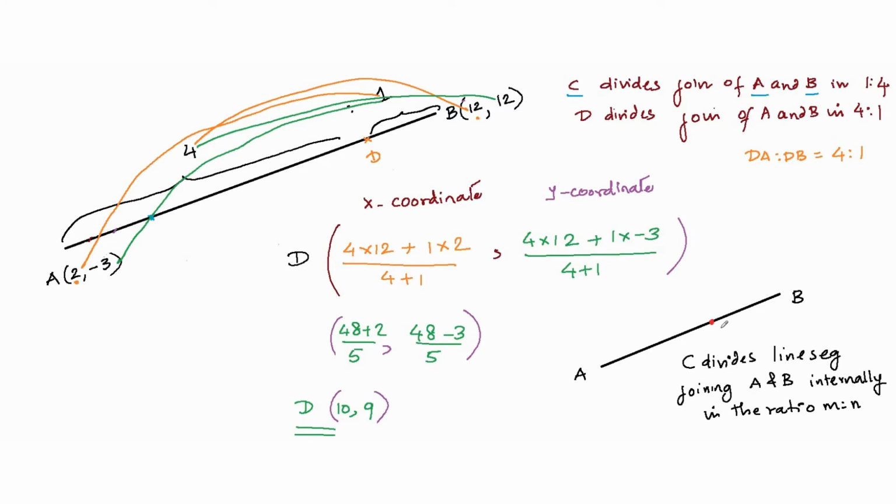So the point C is somewhere here, such that the ratio is m:n. This is the meaning of C divides the line segment joining A and B internally. Internally means the point C lies on the line segment AB. So now let us go ahead and derive this section formula.